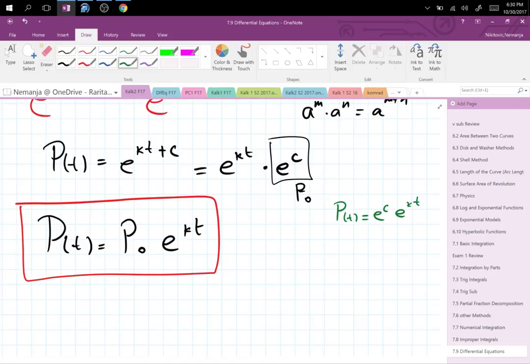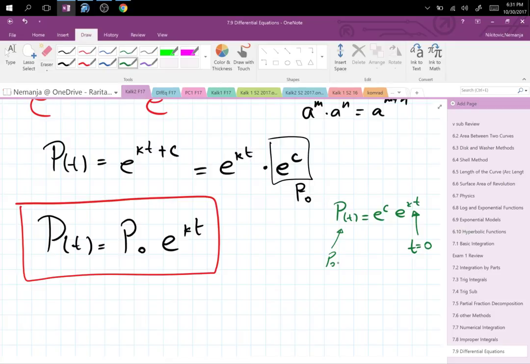What happens at the beginning of time when you start measuring something? T equals 0. So we are going to plug in over here t equals 0. What happens at that point? When you plug t equals 0, this is initial population P0, because at t equals 0, you have your starting population.